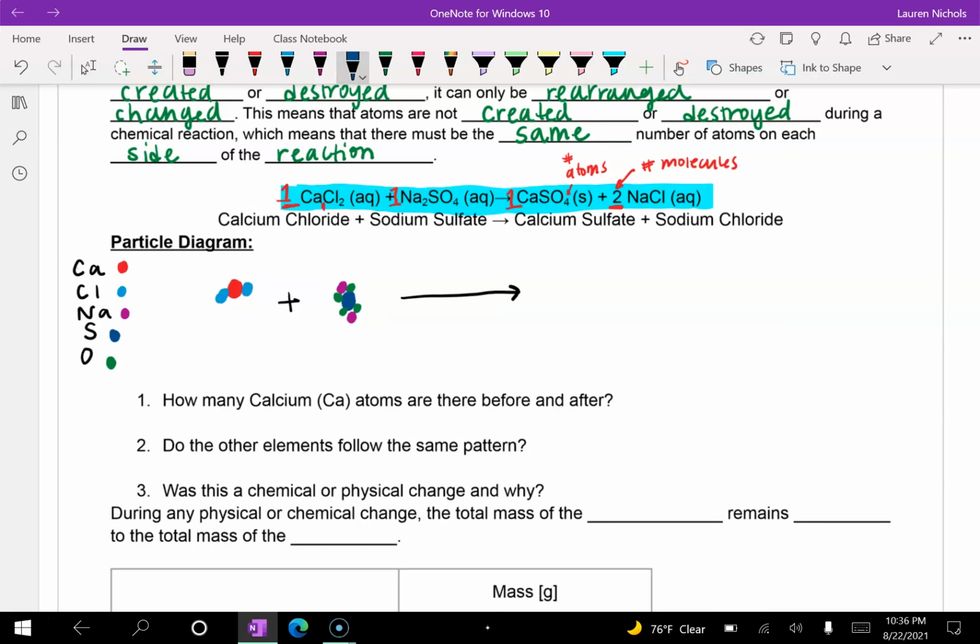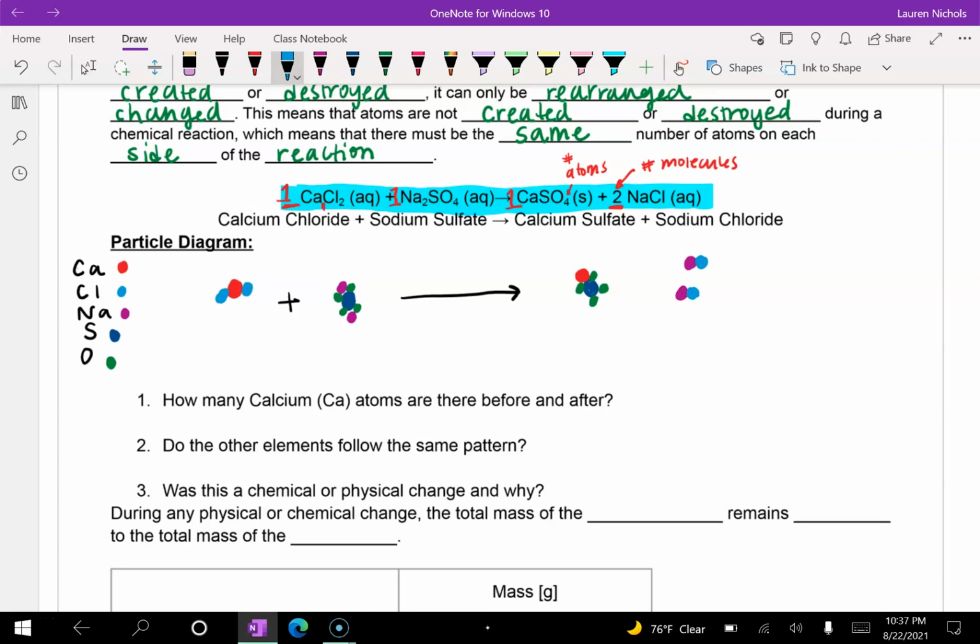Again, I'm going to draw my sulfate, my dark blue with 4 oxygens here, and it's only got 1 calcium atom in it. So we have our red molecule, and it's combining with 2 sodium chlorides. That's a purple with a pale blue and another purple with a pale blue.